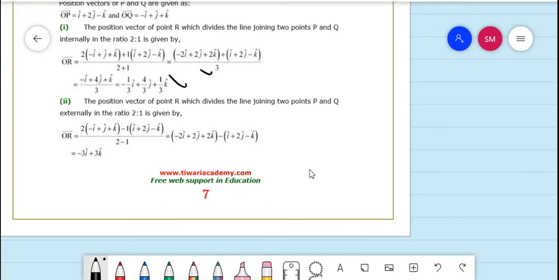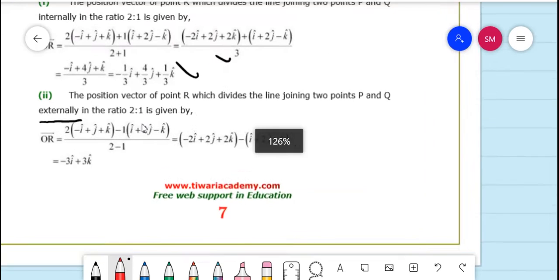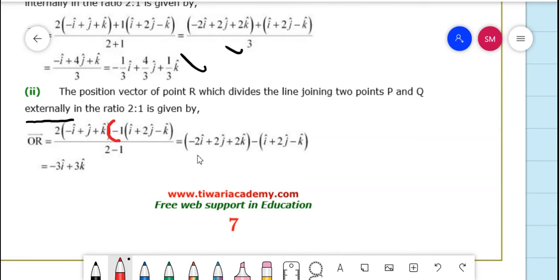Now in case it is an external division, then in between, if you remember, you just make it negative. Just write down the negative sign. So 2 minus 1 is 1, so no need. You will get -3i + 3k, and j is 0 because 2 minus 2.